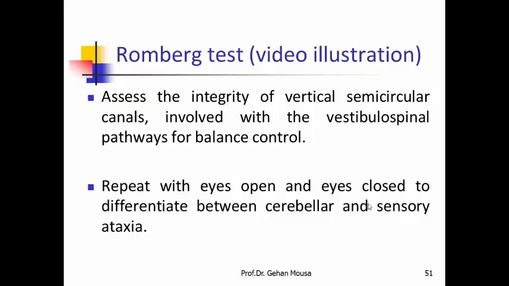The test is performed by asking the patient to stand firstly with a wide base of support and then graduated to a narrow base of support, and observe the posture and the steadiness of his body.